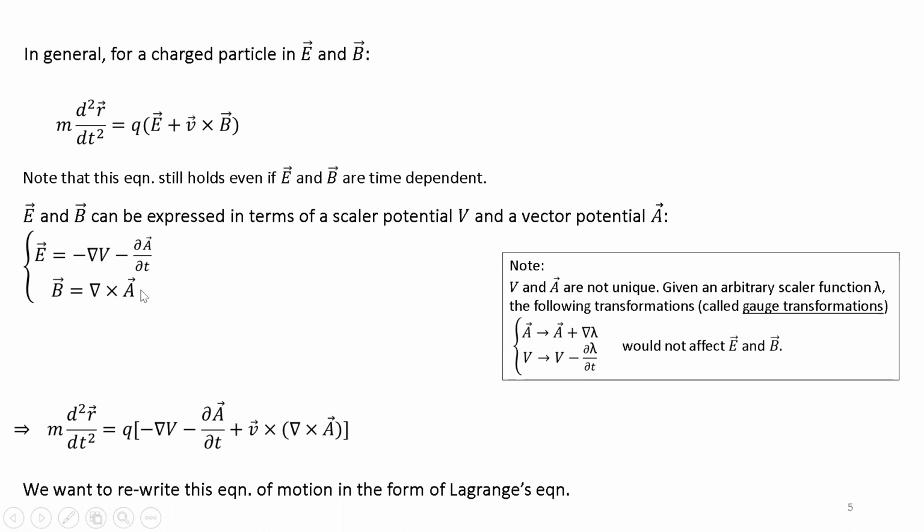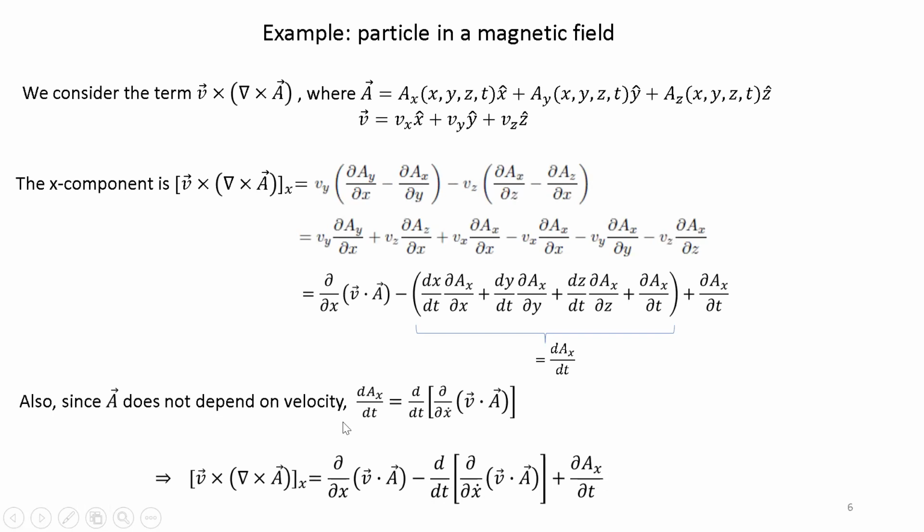However, let's now put this B equals curl of A into this equation. This is the Lorentz force law, so your equation of motion is written like this. I don't think I have enough time to really finish this, but what you do is take the right hand side and play with the derivatives, manipulations with vector calculus.